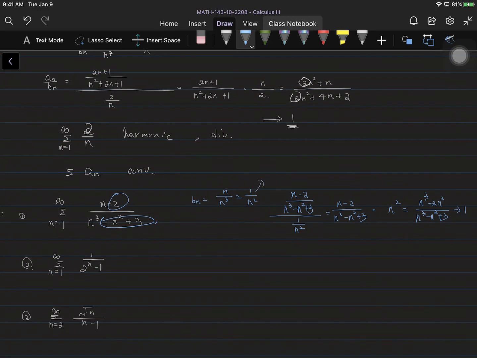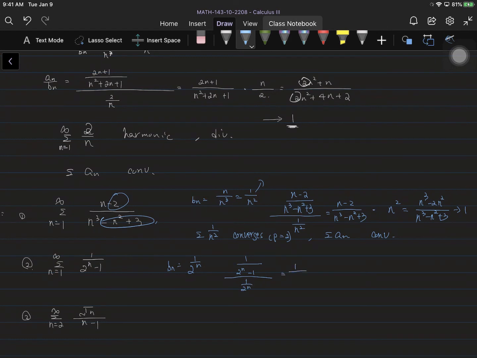But because this Bn is a P-series with P equals 2, it converges, so our series converges. Next one, our Bn, we choose, ignoring the number 1, and let's do the limit comparison.